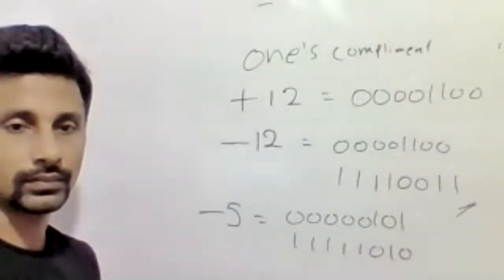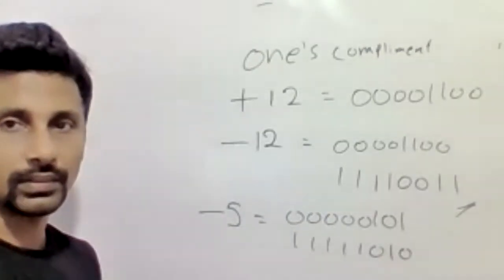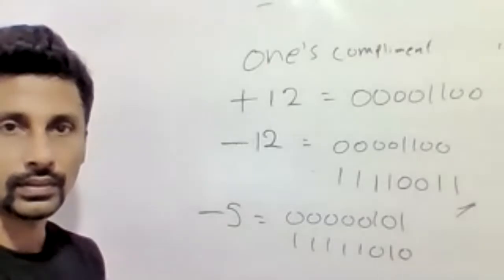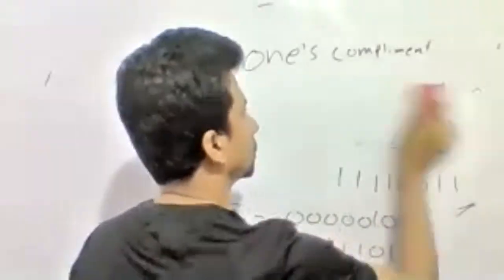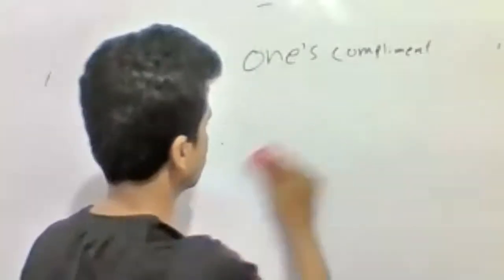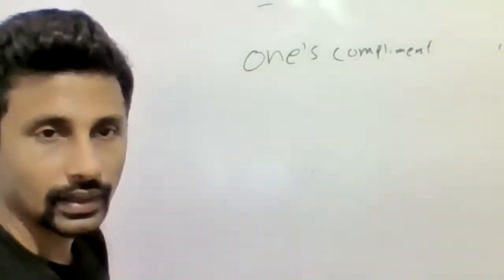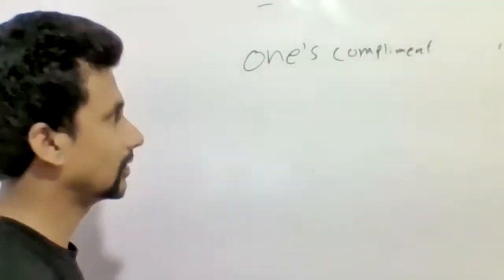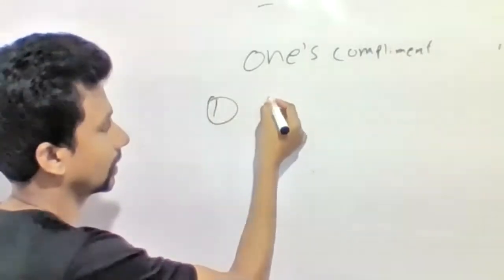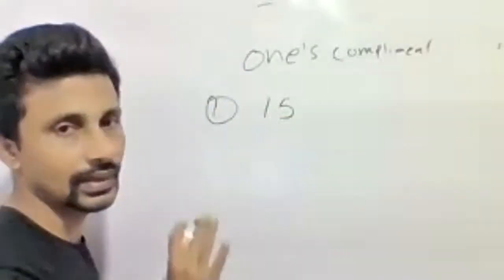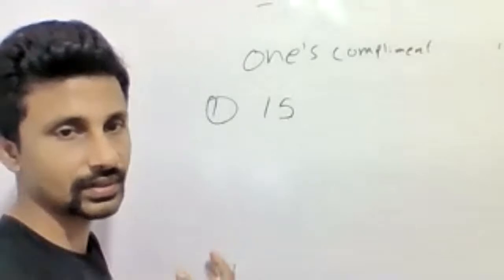Okay, I will give some questions. Try to represent these things with the ones complement. 15. 15 means positive, I'm not mentioning the plus.